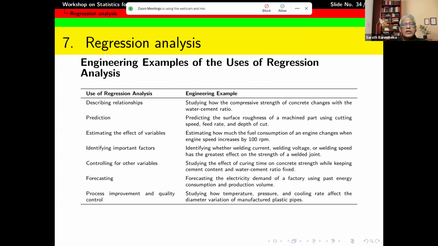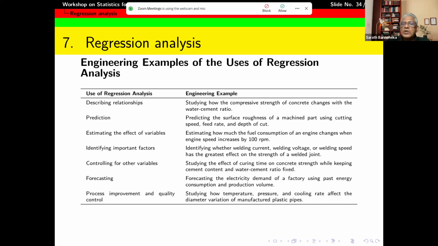In this slide, I have summarized some of the uses of regression analysis in the engineering field. What are the uses of regression analysis? We use regression analysis for several purposes, right? For example, to describe the relationship between one response variable and one or more explanatory variables.